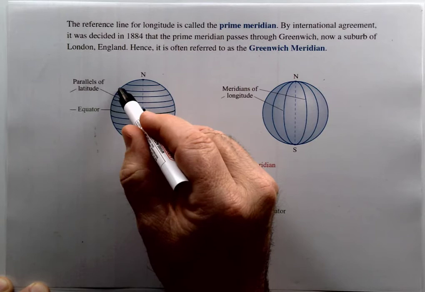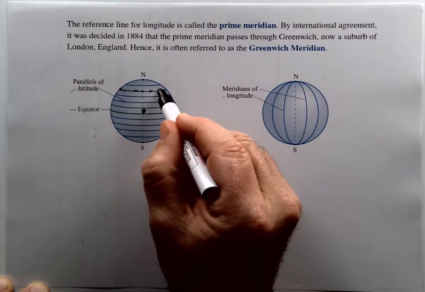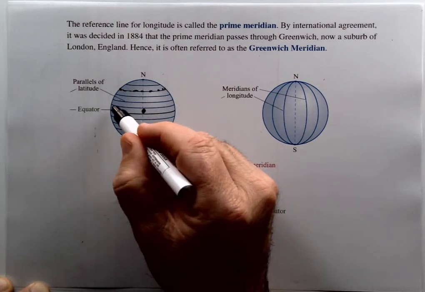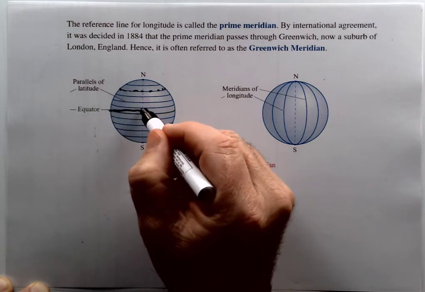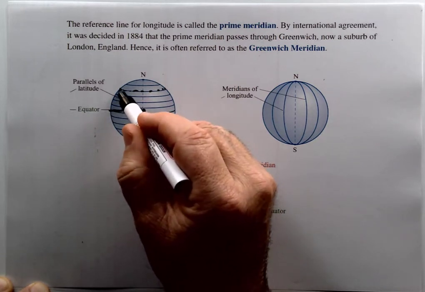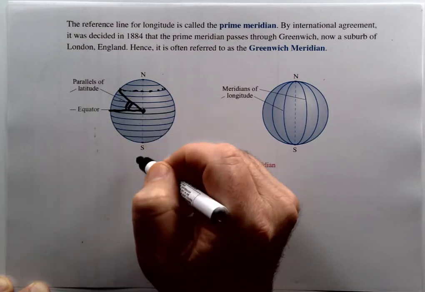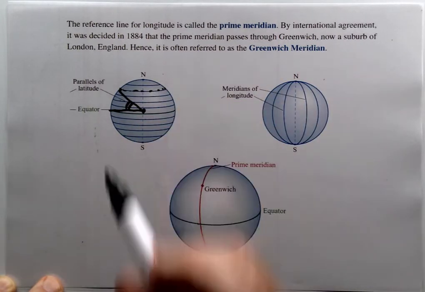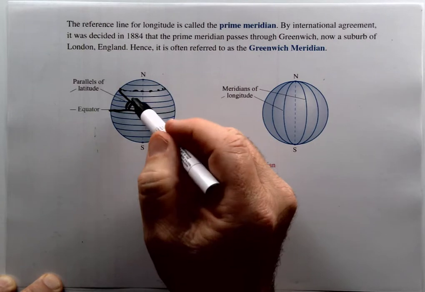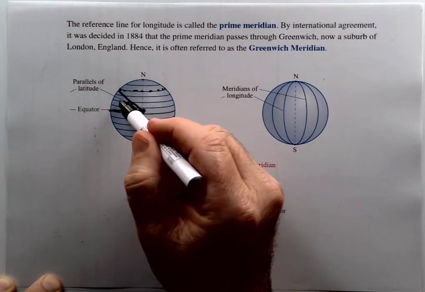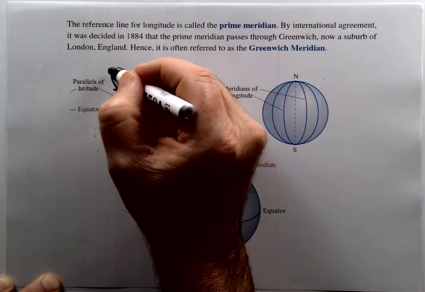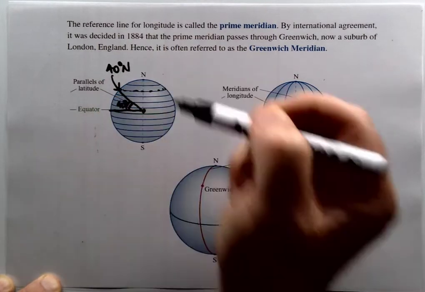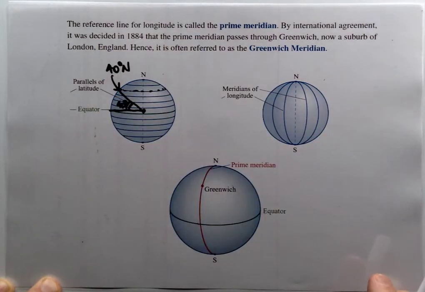If we wanted to work out what this line of latitude is, we draw a line from the centre of the Earth to the equator, and another line up to any particular point. If we measure that angle there, that'll tell us the parallel of latitude. At a glance, that angle looks like it's about 40 degrees. So this particular line here would be 40 degrees north. Okay, and that's how it's worked out.